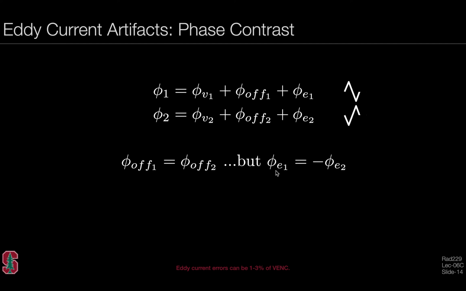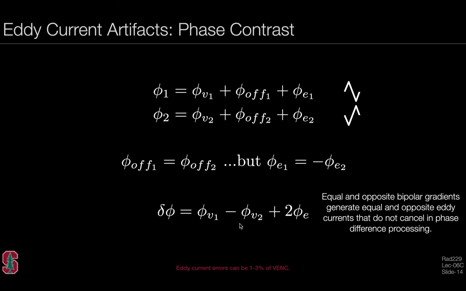But the phase from the first eddy currents, that is the first bipolar gradient waveform, is very close to equal and opposite. Mathematically, it should be equal and opposite to those generated by a bipolar gradient waveform that's toggled or negated. And so this is especially problematic when it comes to phase difference processing, because when we difference these two expressions, if the off-resonance phases are equal, they'll cancel out, but the eddy current phases are equal and opposite, and as a consequence, they'll actually double up.